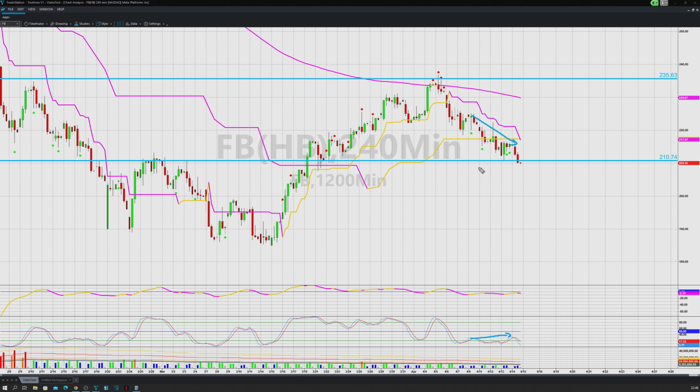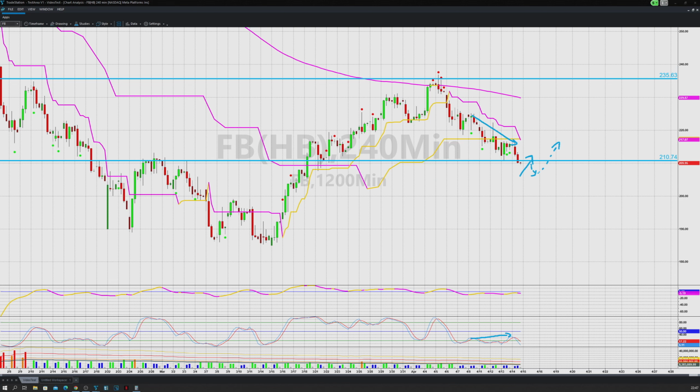But I think if Facebook will fail, and the Qs need to fail, the SPYs also seem it can open with a gap up and then push higher. This is the trick I think the market will do. Will open with a gap down, push up. All the short sellers will wait for the push up to re-enter with a failure, and then the buyers will come in and push the market even higher.